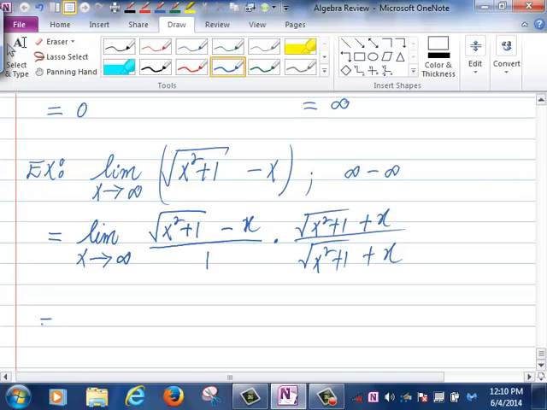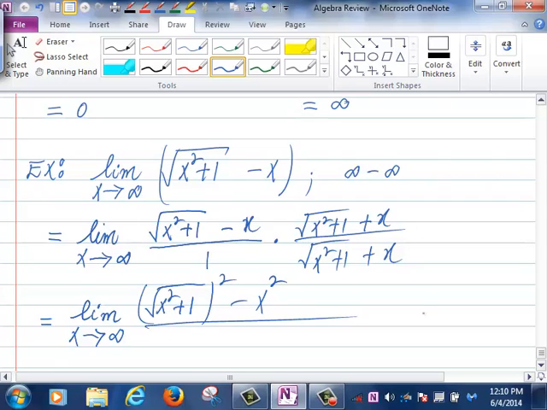Now, what am I going to get in the numerator? We are going to get the square of the root of x squared plus 1, minus the square of x, divided by the root of x squared plus 1 plus x.